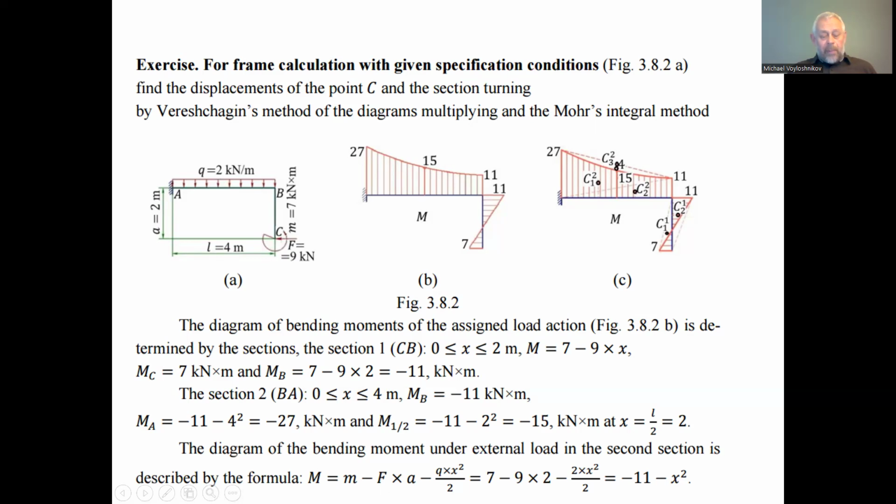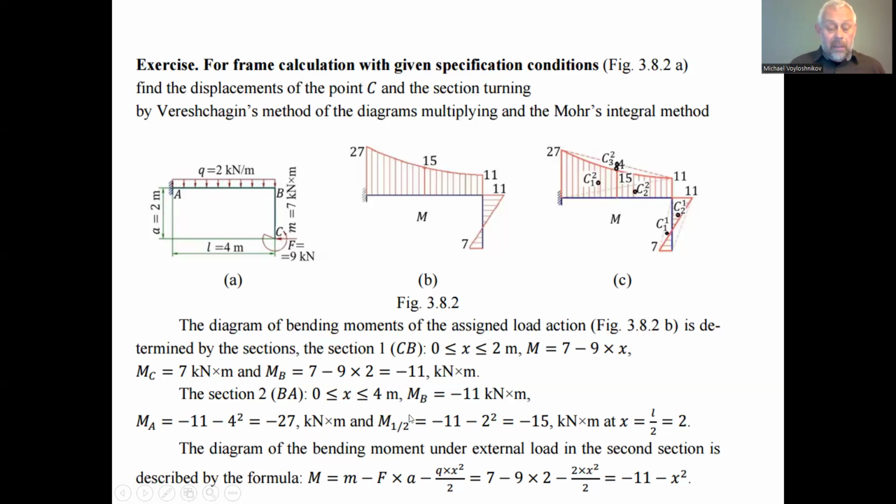And the force F by the leg A equals 2 meters, minus the distributed load, in the numerator the product by squared x, for the point A 4 meters, divided by 2. 4 meters is the distance of the action of the distributed load q. So we can find that all this considered together is equivalent to minus 27 kilonewton meters.